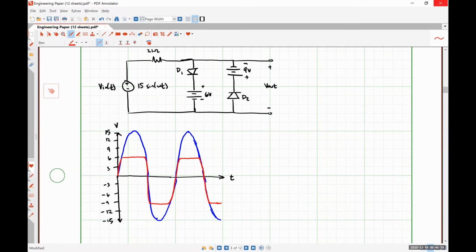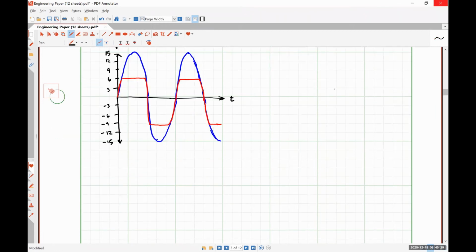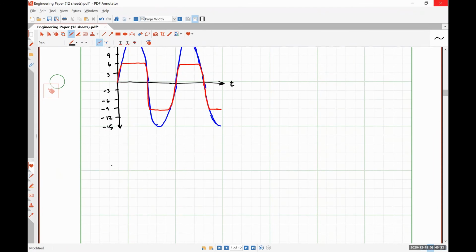They're going to pin it to a specific voltage. Here's diode 1 again.